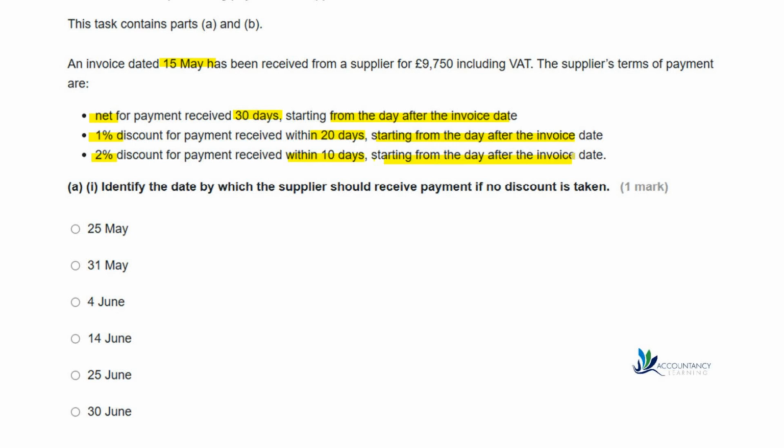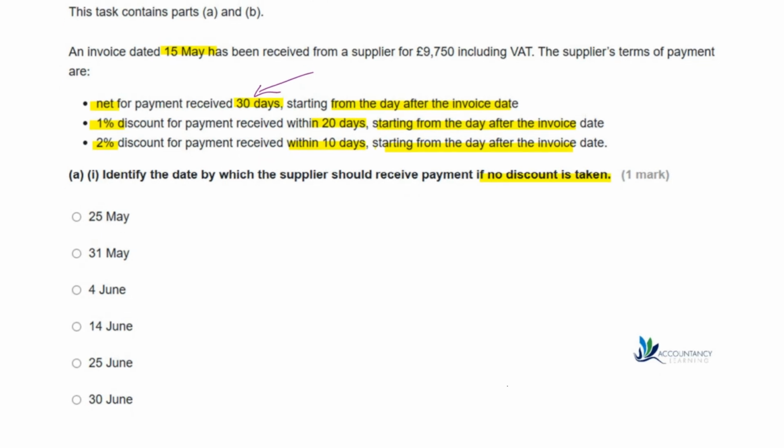So Part A asks us to identify the date by which the supplier should receive payment if no discount is taken. So that means we're just going to be looking at this top one here. They've got to pay the full invoice because they're not taking any discount, and it's got to be received within 30 days from the day after the invoice date.